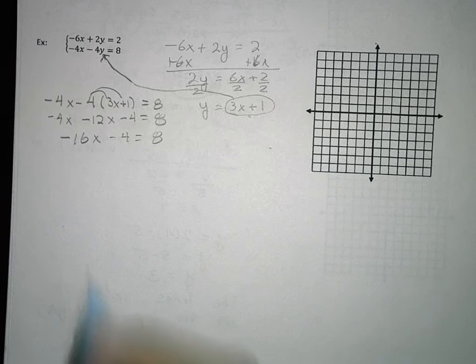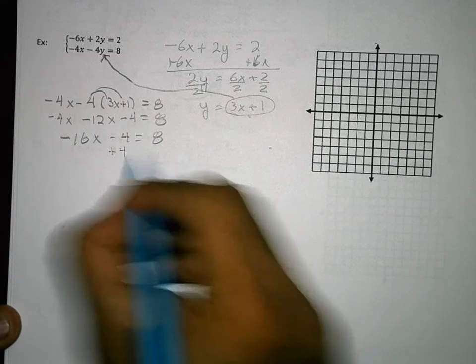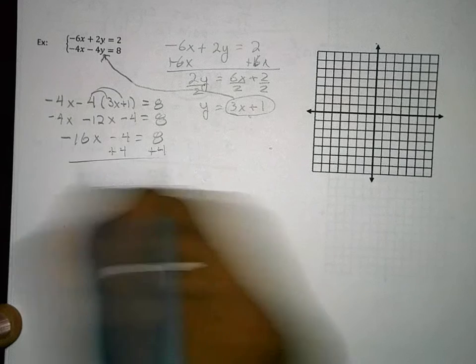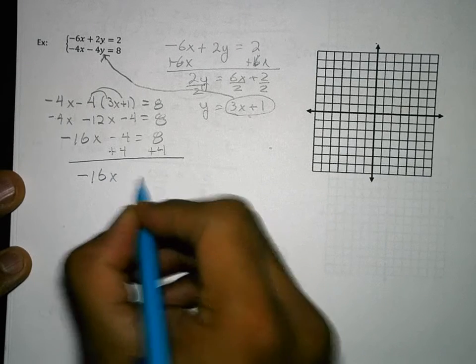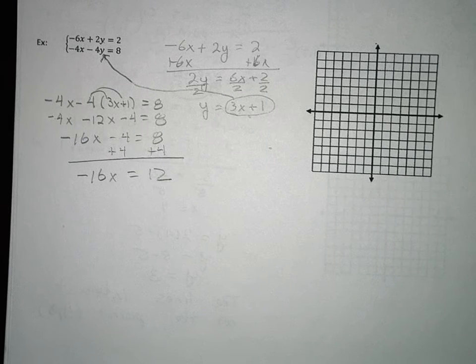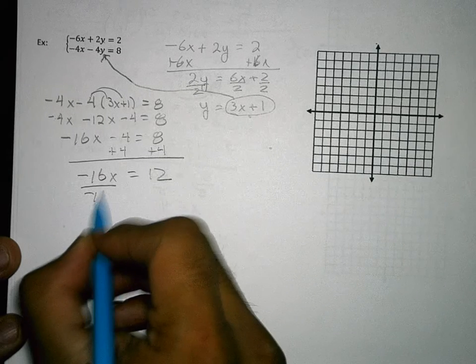Alright, then I will add 4 to both sides. 12. Okay. Then I'll divide by negative 16.